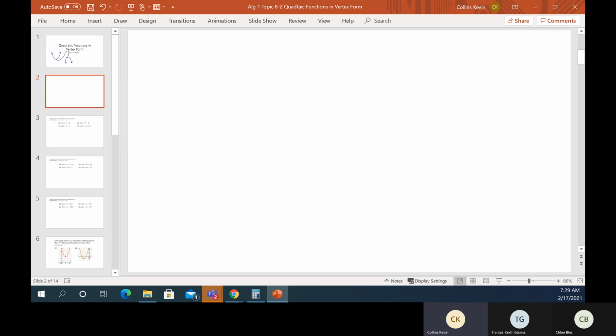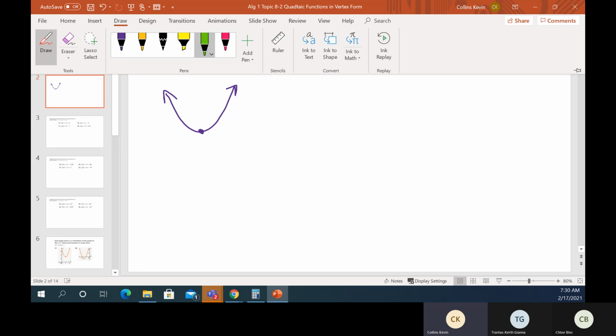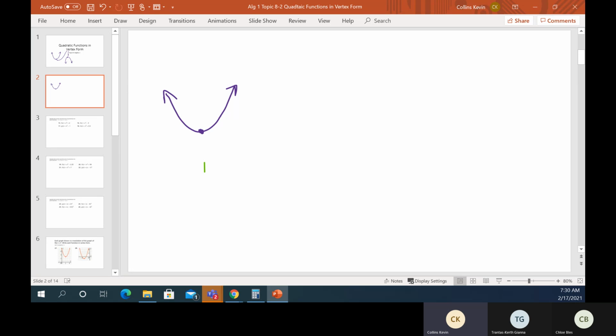I just popped up an extra screen so we can talk about it a little bit. So if we have this, right, and we have this vertex here, if we drew a straight line up through the vertex, what this does is it divides our parabola, or our U shape, into two basically equal looking pieces, except one is a mirror image of the other.